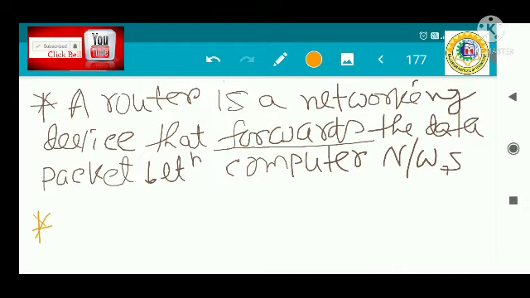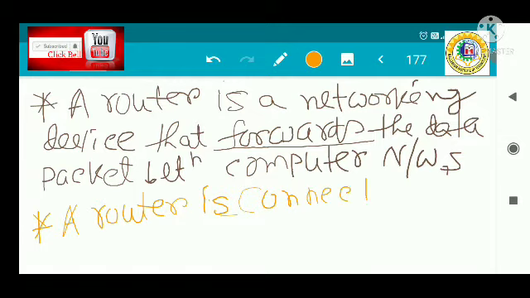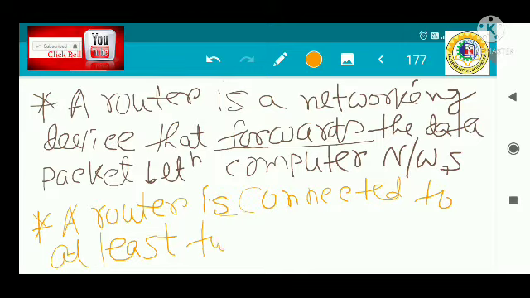Now, in the next point I will cite that a router is connected to at least two networks.